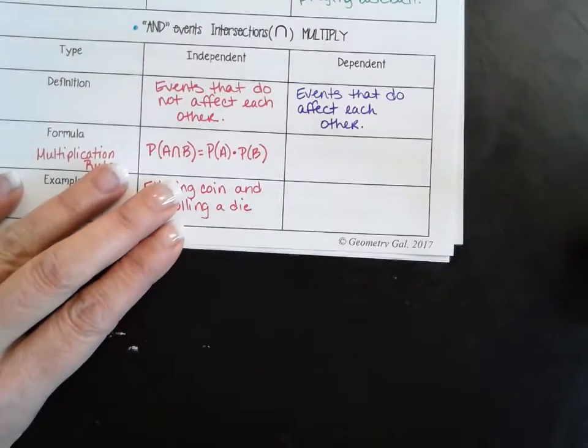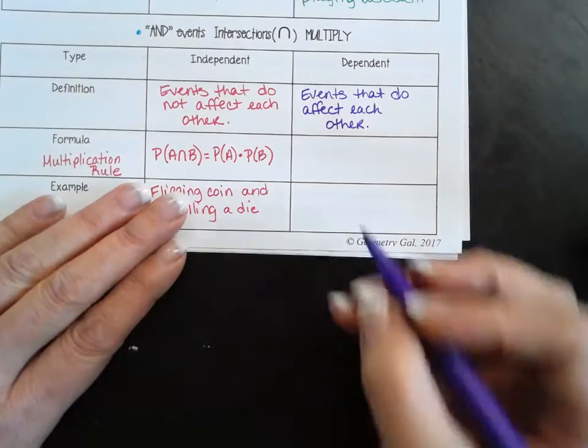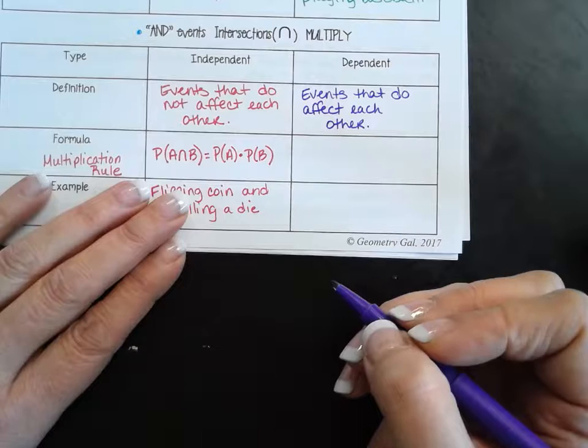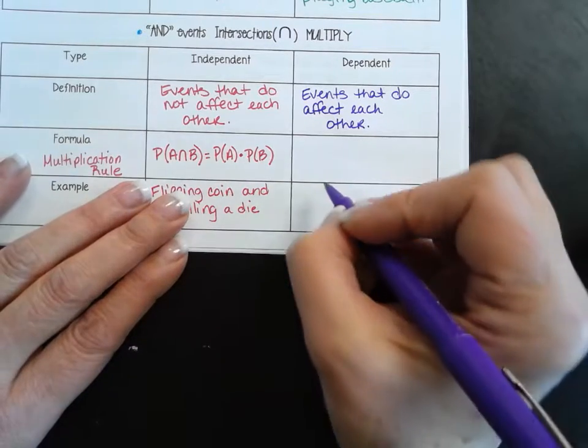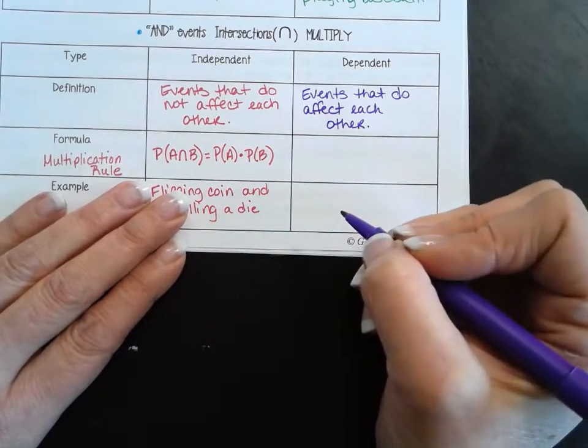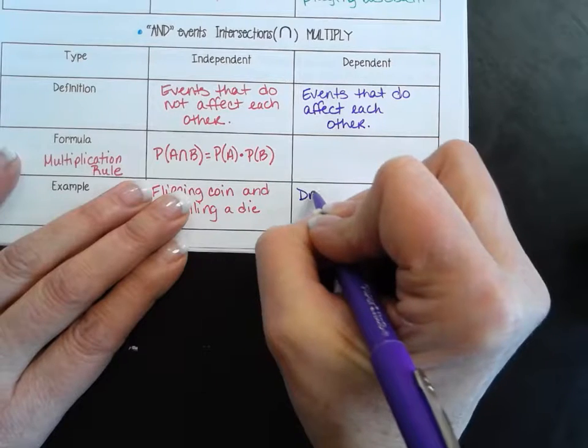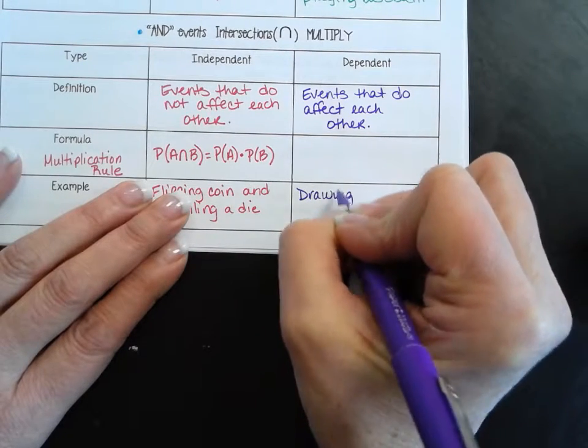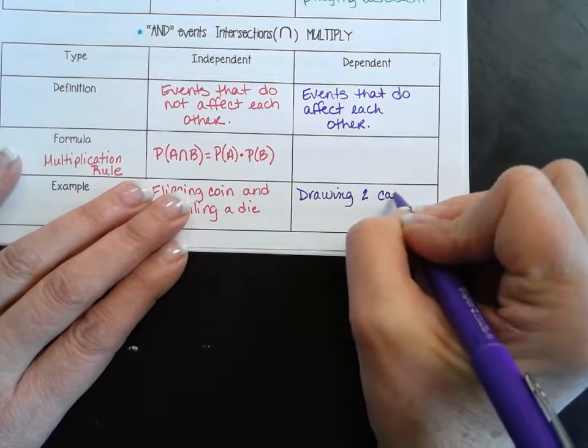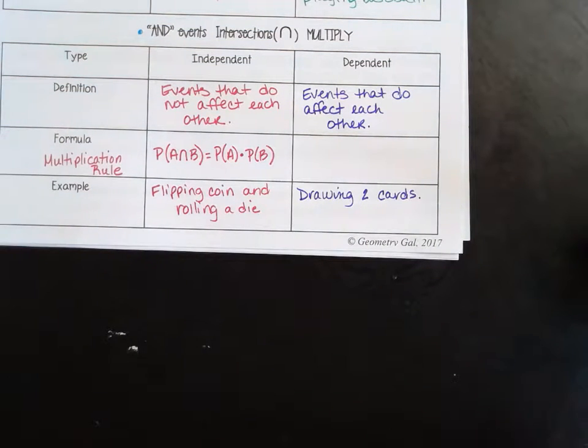Okay, so let's say I have a deck of cards and I want the probability of drawing two cards. Let's say I want to find the probability of drawing an ace first.